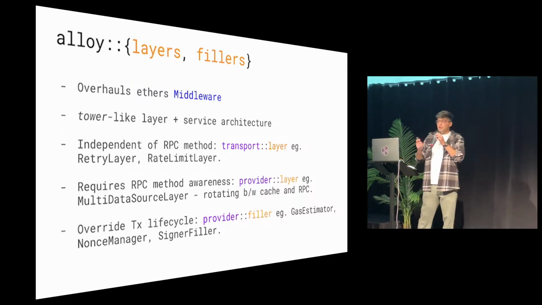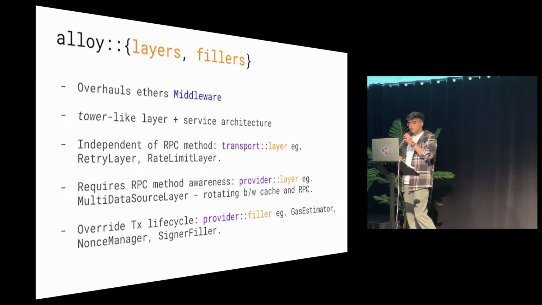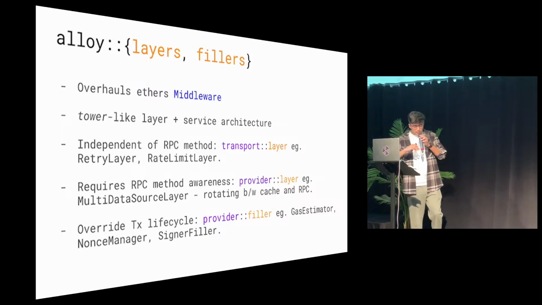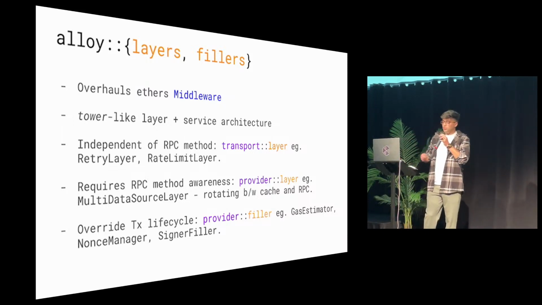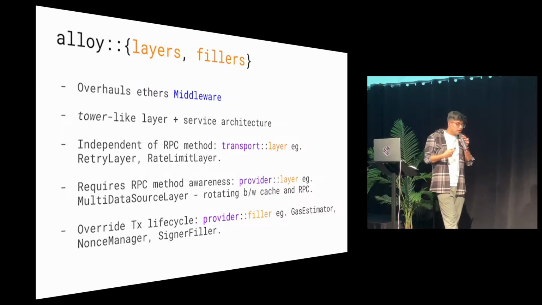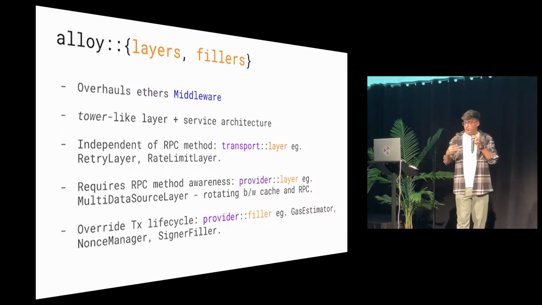So we've built upon similar principles of Tower and essentially separated the custom layers that you want to write into their own use cases and buckets. The mental model, how you should think about this, is essentially three buckets.